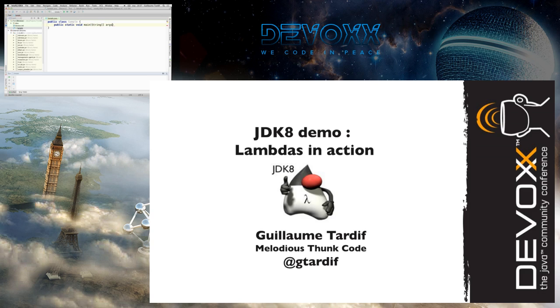This is just basic stuff. And the first thing people usually want to try with Lambda expressions is create a list of elements and then use a forEach method to execute some block of code for each element. So let's try this. We're going to create a list of strings.